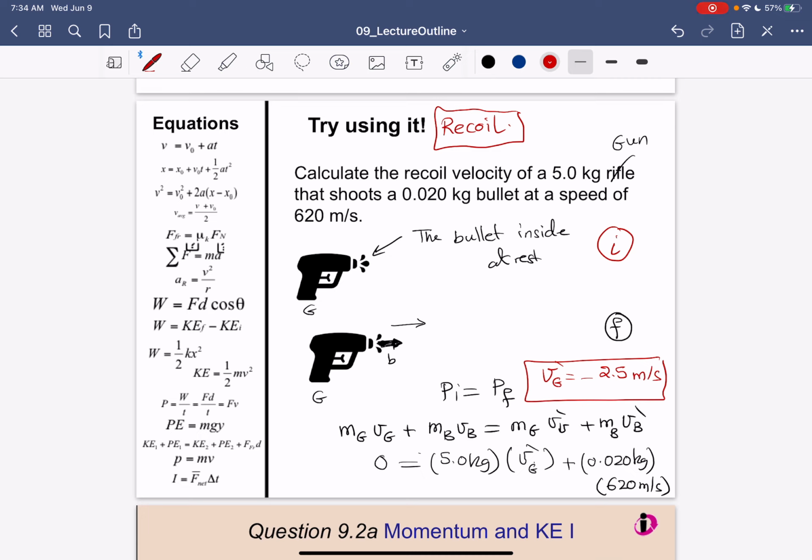These recoil problems sometimes cause confusion, because you should recognize here that you have the gun and the bullet embedded inside, and both of them are at rest, which means my P initial is going to be 0 for sure. Also, I know that momentum is going to stay the same, which means my P final is also going to be 0.